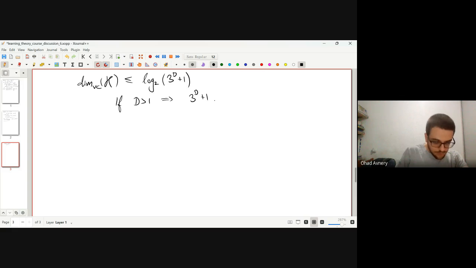Yeah, so see here I wrote k equals... yeah, okay, so that's what we want to show, and this follows from number theory. Yeah, the 3 to the d plus 1 here is 0 mod 8.